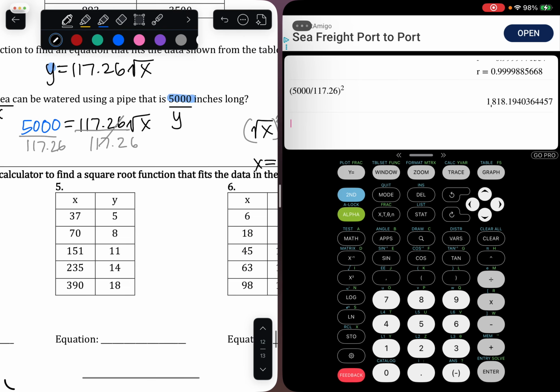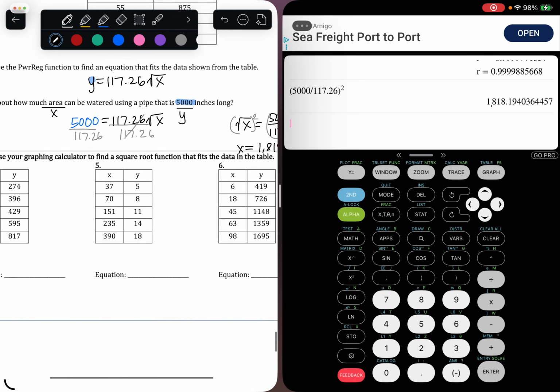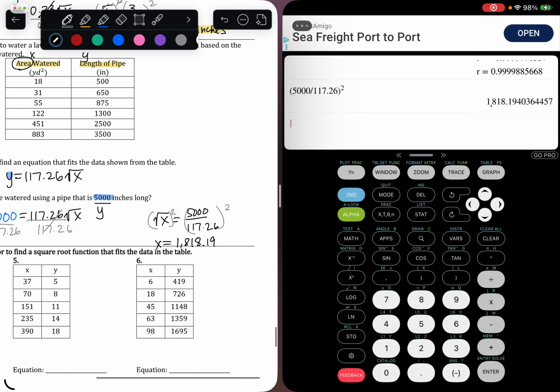Does it say round? It doesn't say round. We'll do hundredths. And we are predicting the area, which is yards squared. That would be the area that you can water.